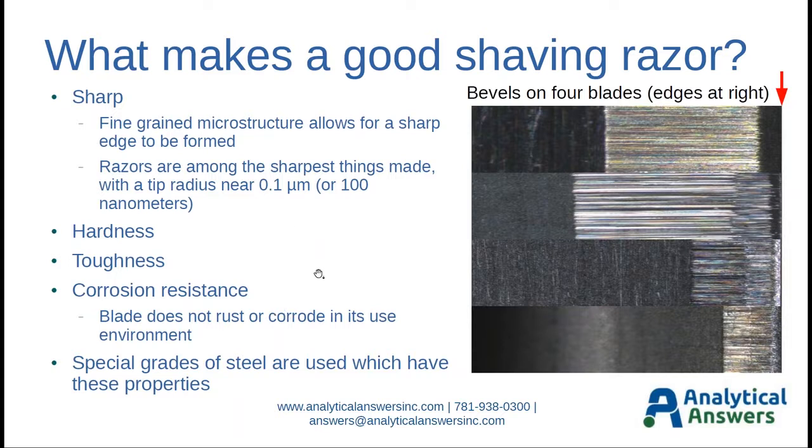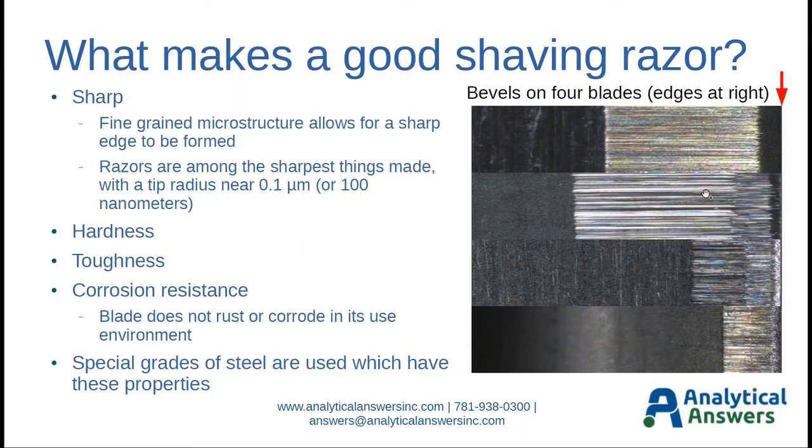So they're asking a lot out of the materials in order to obtain these 3 functions, which help to preserve the sharpness throughout the blade's life. And so they do use special grades of steel, which have these properties. They do have to be very careful about how they heat treat them and anneal them in order to really make the blade the very best that it can be.